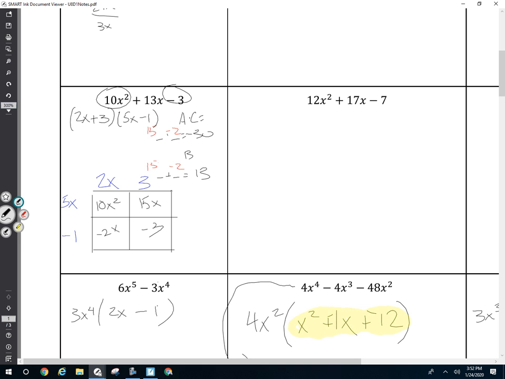Okay? So here, 12 times negative 7. What is it? We need 2 numbers that multiply to get negative 84 and add to get 17. This is the hard part. This is definitely the hard part.